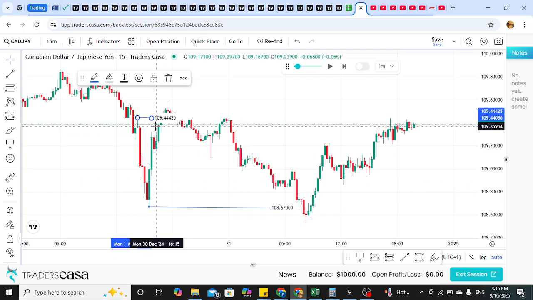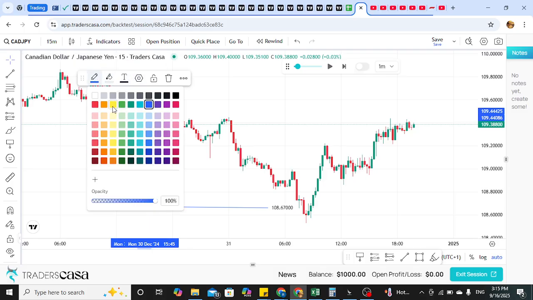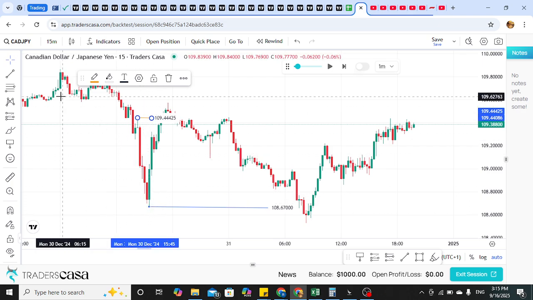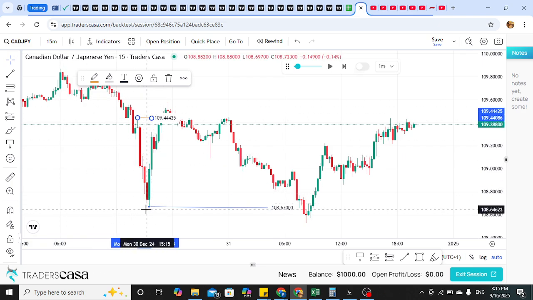So when this inducement, let me change its color, when this inducement is hit, that means the bottom of the range has been identified, and this is the bottom of the previous range. And now this bottom has been hit.